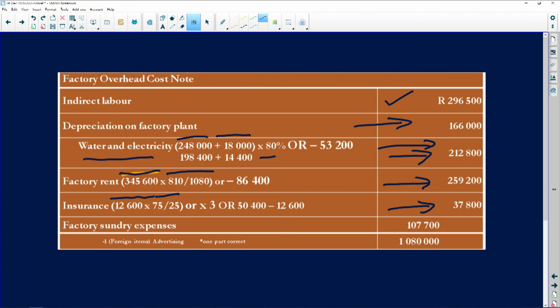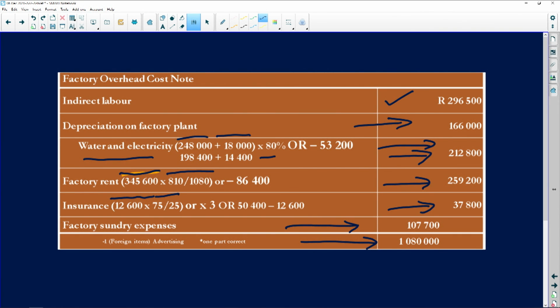What you needed to see here was that the 12,600 was only 25% of the amount. It was not your total amount. And therefore, you had to go back and work out your 75%, which was applicable to the factory. Once you have that calculation, you bring in your factory sundry expenses, and that will then give you your total factory overheads.